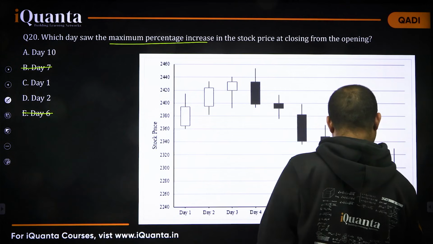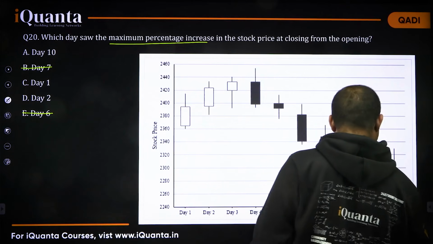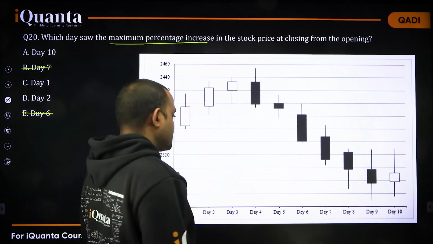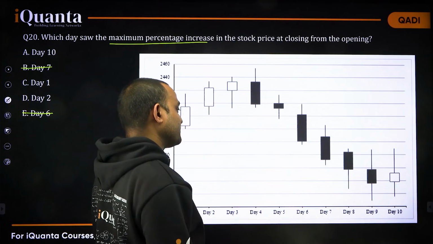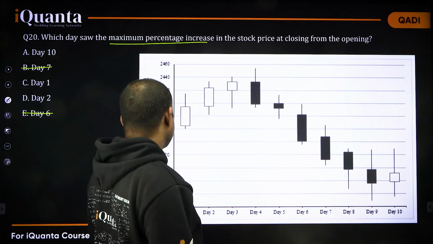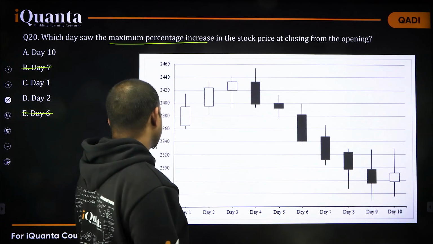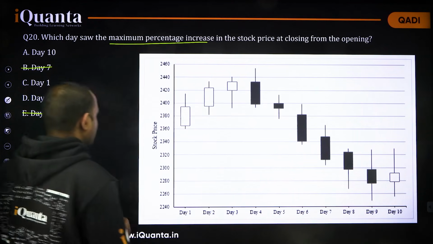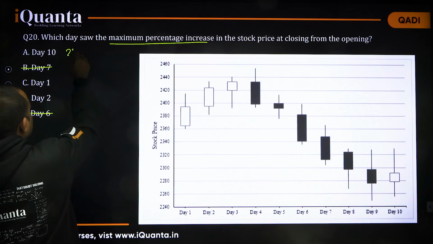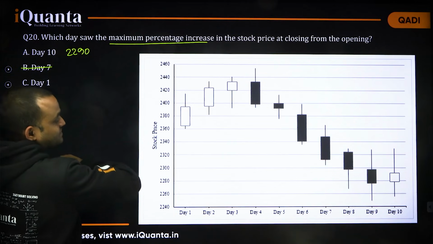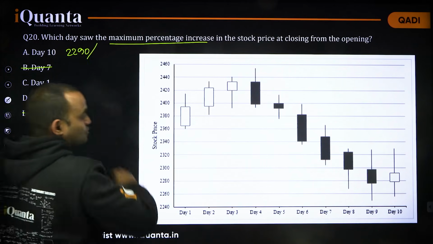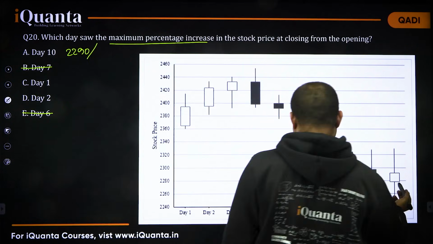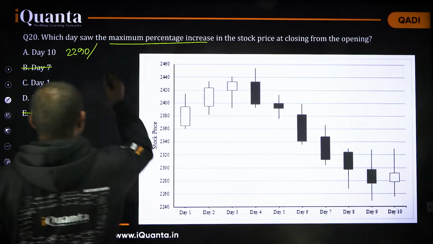Now in case of day 10, what is the opening price? This opening price is between 2280 to 2300, so 2290, that we can take. This is the opening price, and the closing price is very close to 2280.